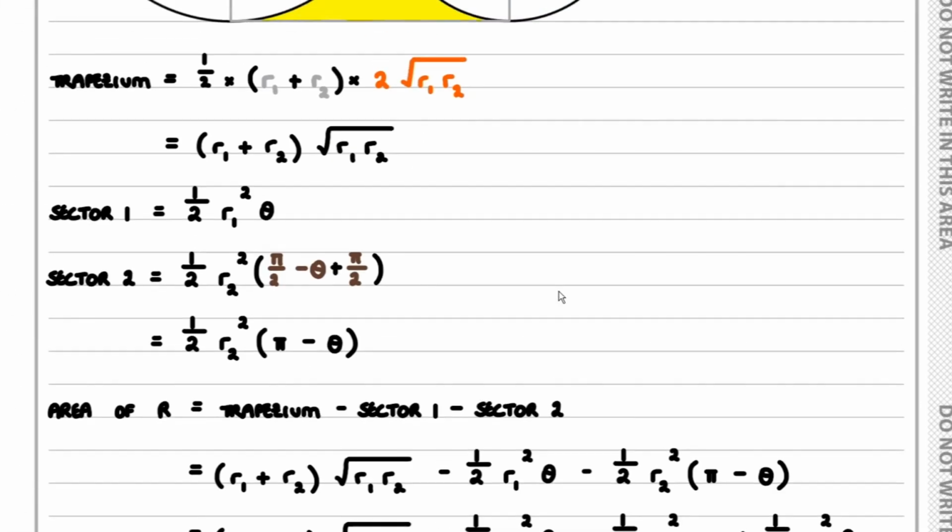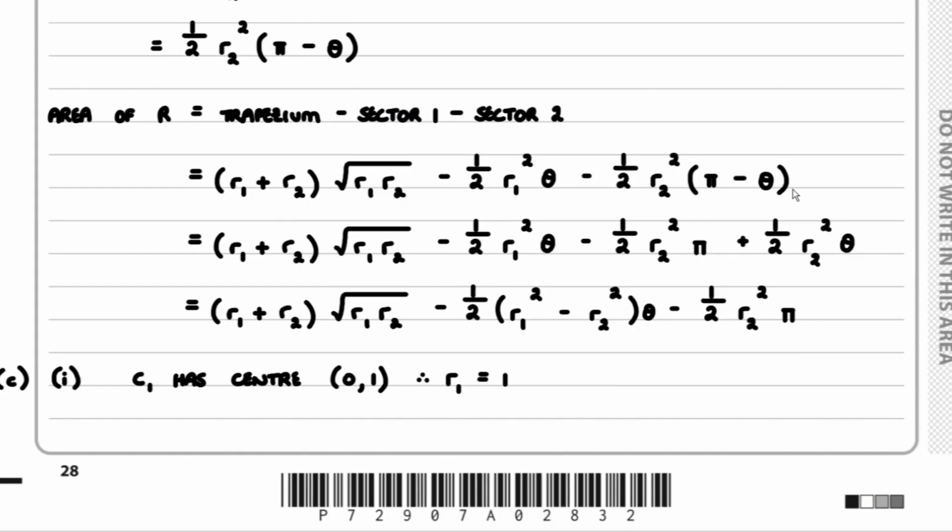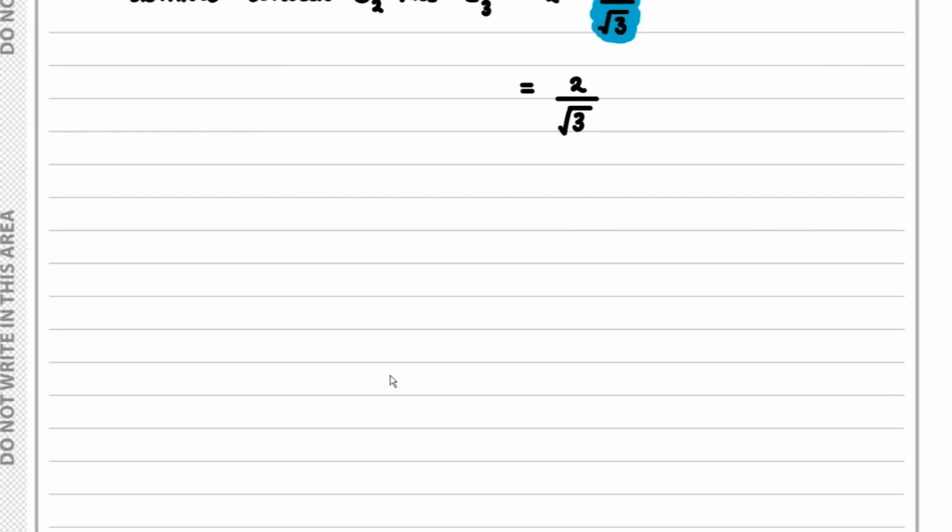And again, if I use this formula, D equals 2 times by the square root of R1 R2, I've got 2/√3 equals 2 times by the square root of 1 times by R3. And from this we can find out what R3 is. If I divide both sides by 2 and then square, and then rearrange, we'd have R3 equal to 1/3.